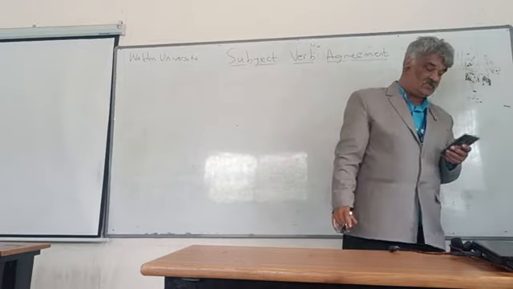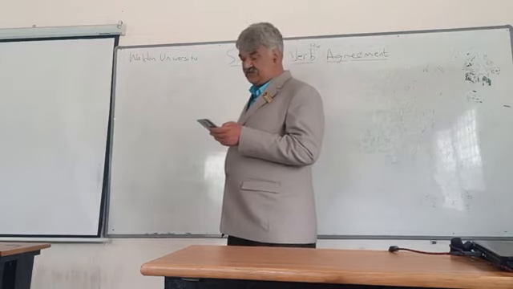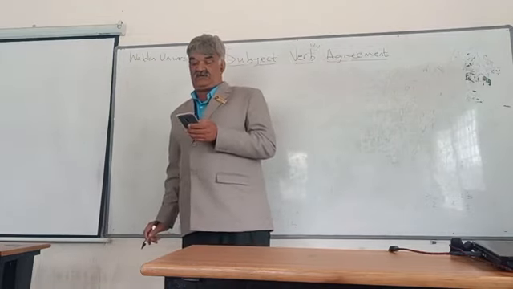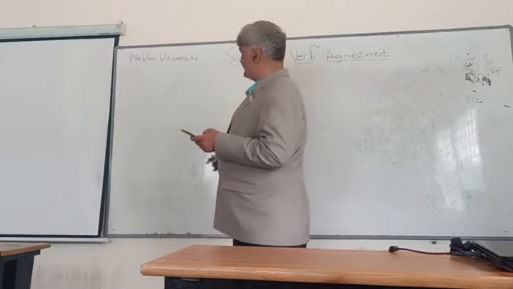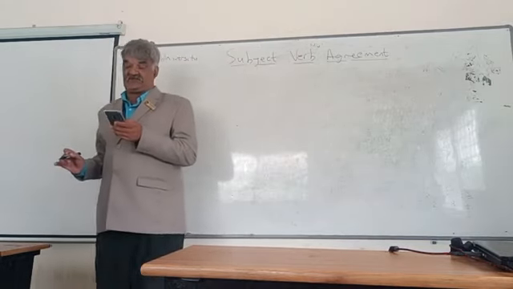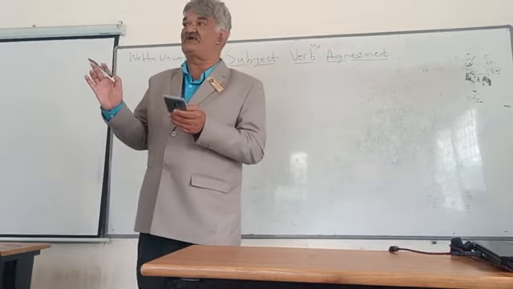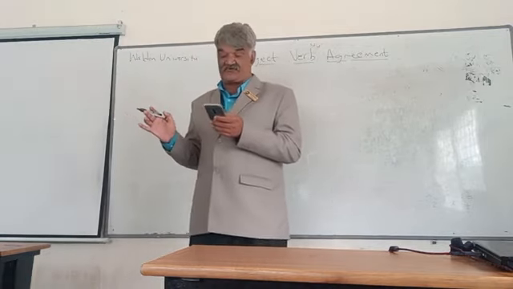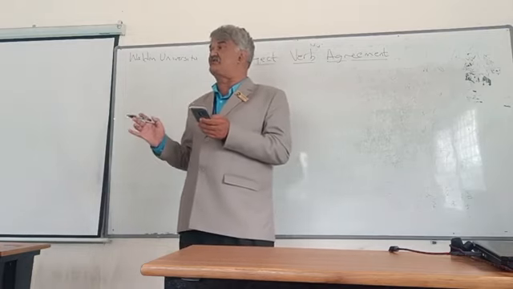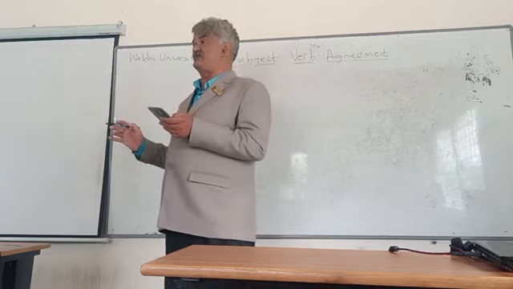Now, the third rule that is stated on the website. The third rule states, when the subject of the sentence is composed of two or more nouns or pronouns connected by and, use a plural verb.